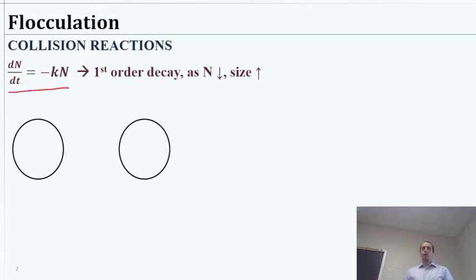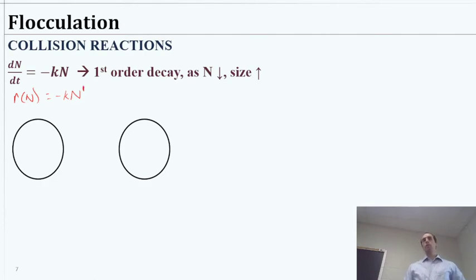We're going to describe it in this manner. dN dt, so that's the number of particles, the particle concentration by number. It's changing over time, so that's an accumulation term, or the change term. So dN dt, call it R of n maybe, equals negative k times n to the 1 power.